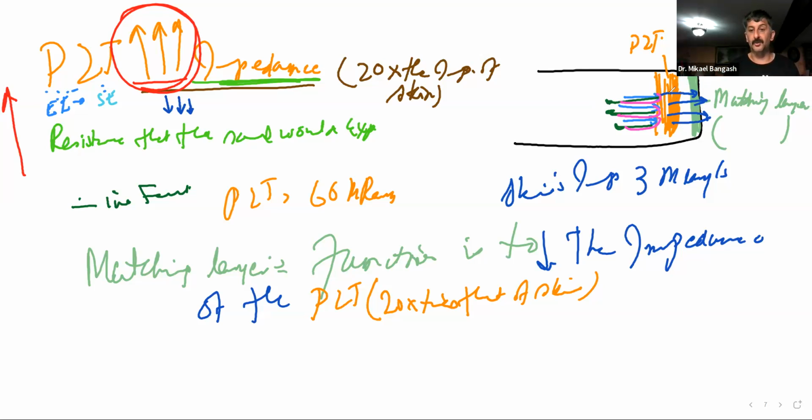So to counter that, let's reduce the impedance so that this transducer will be able to transmit greater amounts of the sound energy that it produces. That's why they introduced the matching layer as a component of your transducer.